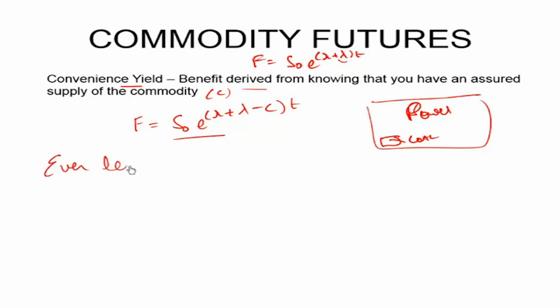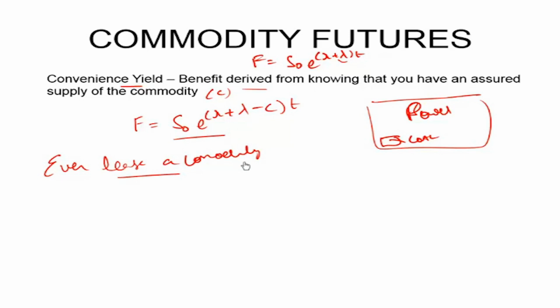We can even lease a commodity. So it belongs to us, but we have leased it out. So we have some gold or we have some cattle. We are owning it, but we have rented it out to somebody else. So can we lease a commodity out?